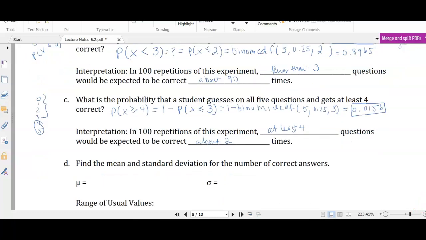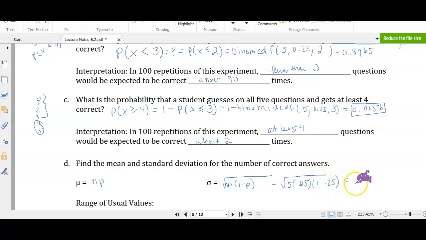Okay, so the mean and standard deviation have different formulas. The mean is np, and the standard deviation is the square root of np times 1 minus p. Okay, so n is the number of trials, so we have 5. My p is the probability of success, 0.25. And 1 minus 0.25 would be the probability of a failure.